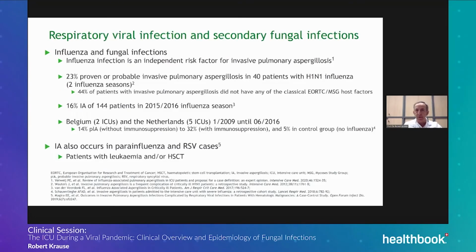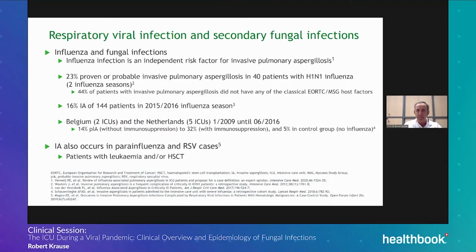Let me first start with this slide, where we can read that the topic of viral-associated fungal infections was boosted mainly by publications coming from the Netherlands and also from Belgium. Colleagues from several groups showed that viral infections are associated with fungal infections.